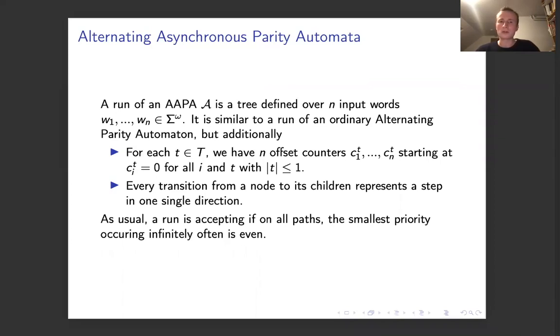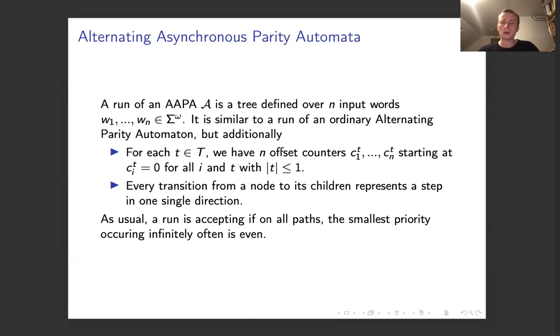So we also have a tree here, but this time over n input words, and we denote for every input word by some offset counter how far we have progressed, since progress is asynchronous, and therefore this needs to be denoted for every word individually. And finally, we have the usual parity acceptance condition.